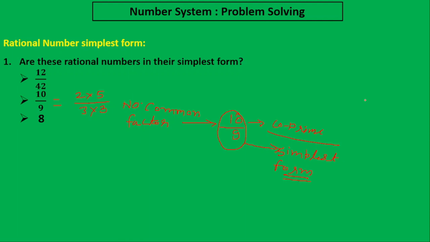8 by 1. 8 is 2 into 2 into 2 divided by 1 into 1 into 1.